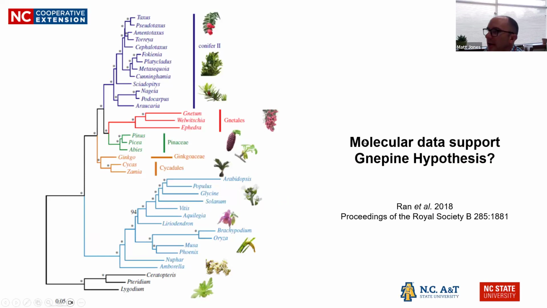That is, that the Gnetophytes are this weird lineage that diverged from a lineage that included the pines, which diverged from the other conifers. Anyway, if you want to read more about this discussion, that's a great paper, and I can add that to the list of papers to share on our website. I think I can post them there legally. If not, I'll send them through email. That's legal.